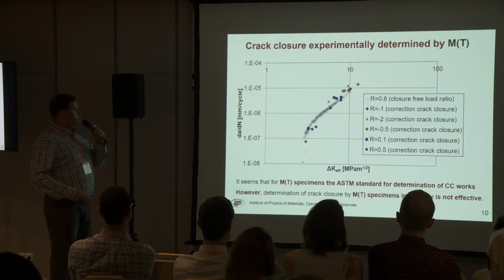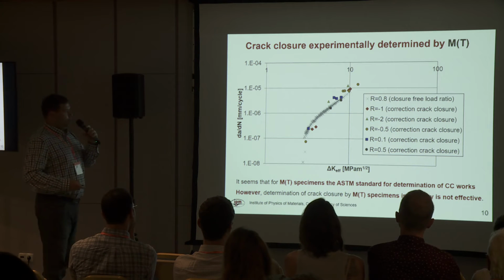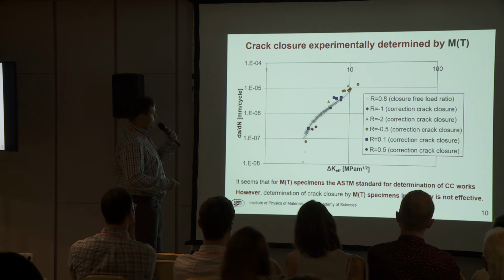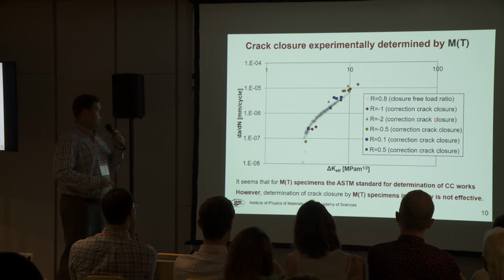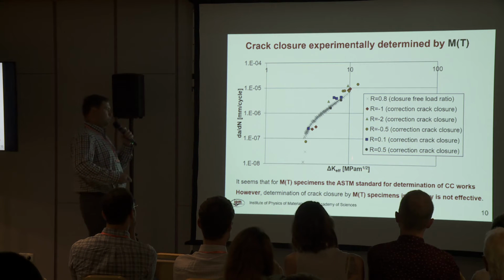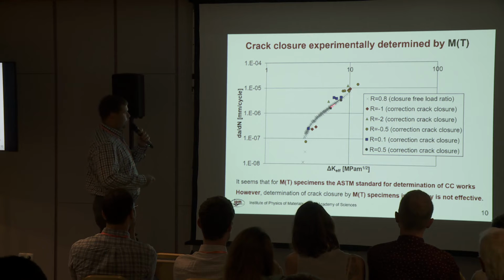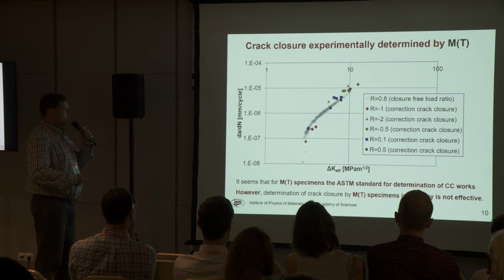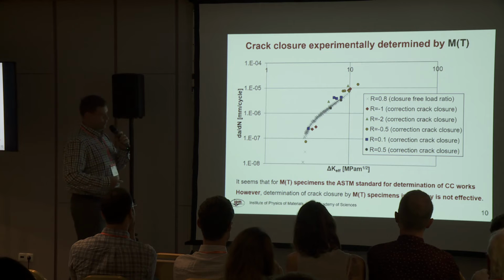Here you can see the results for approximately 17 points, which were obtained at various load ratios, and we calculated according to compliance data, according to ASTM, the delta K effective, and you can see that it seems to work in this way.